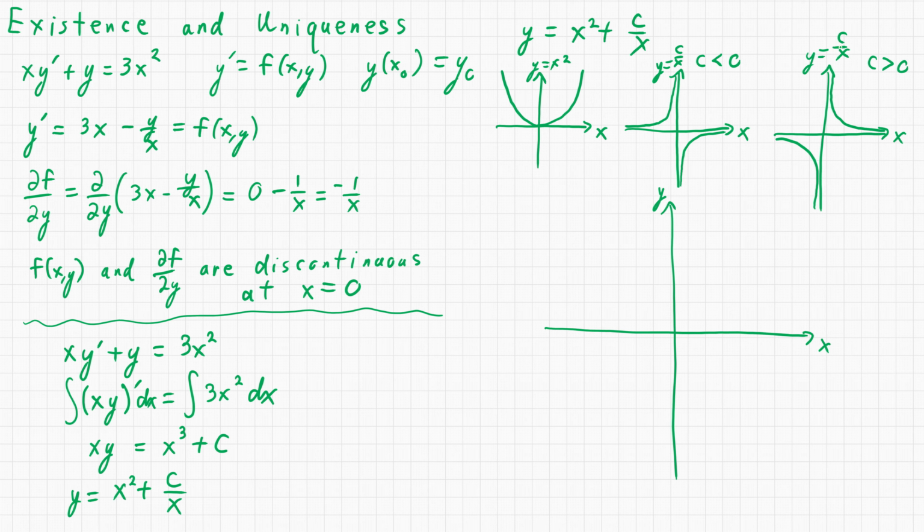But the opposite is true in this graph. When x is close to 0, we get a really huge number, either a huge positive number or a huge negative number. So when x is slightly positive but close to 0, and c is positive, we get a graph that looks something like that. It looks a lot like this curve because x squared is fairly small there. But as x gets larger and larger, this thing becomes close to 0, and x squared gets really, really big. So it starts to look more and more like the parabola. Something like that.